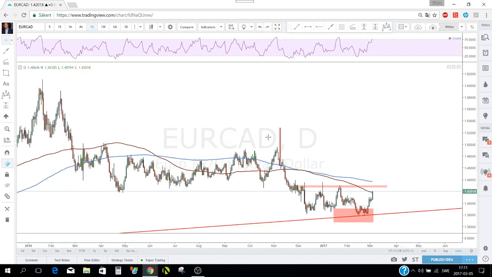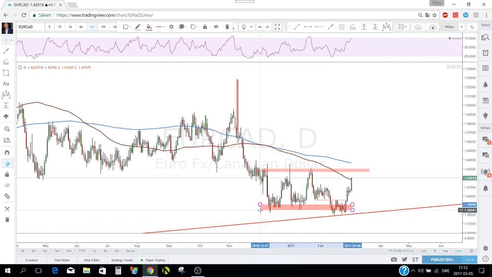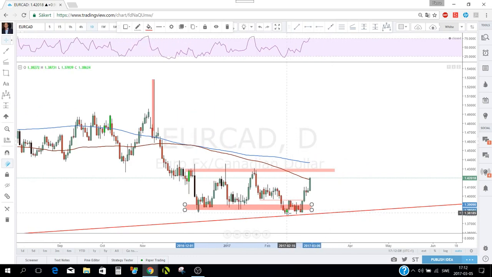If we go down to the daily, you see that we did actually break these lows back up here, and now found support. Price came down and gave us a bounce up, and then gave us this double bottom scenario, and we had a clear divergence on the RSI, as you see here.